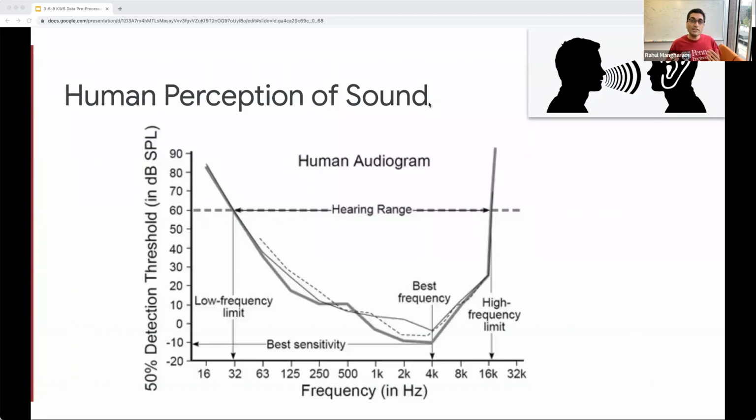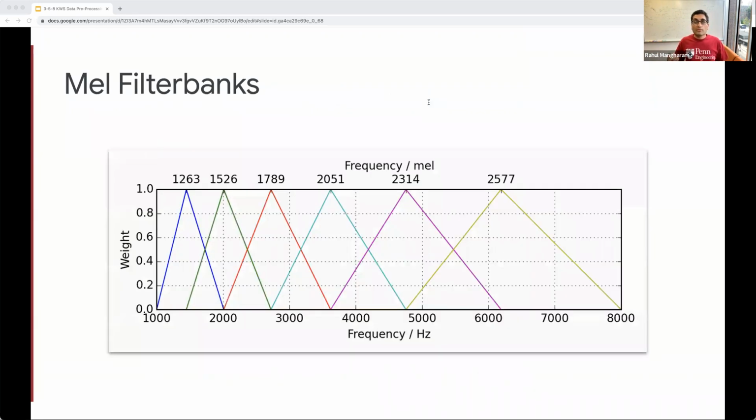Our ear does not hear all sounds equally across frequencies. We don't respond well to the higher frequencies. The lower band frequencies are much crisper to us, and we can tell apart low frequencies far more easily than higher frequency ranges. We want to effectively use that, and this is a process called Mel Filterbanks. That's what we're going to use to process the signal further.